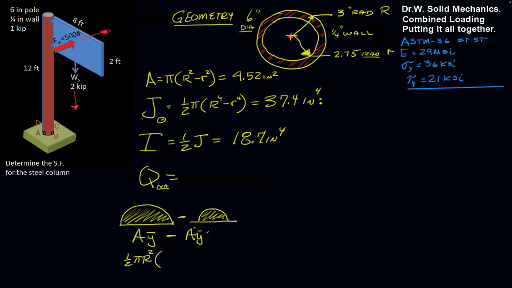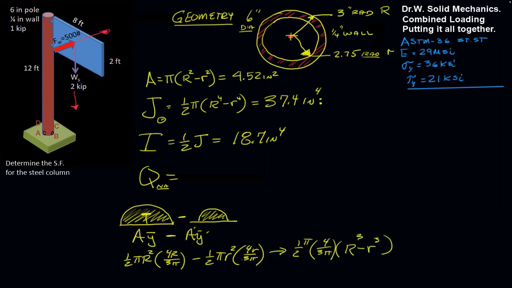And recall the y bar for a half of a disk is 4R on 3 pi, minus 1/2 pi little r squared for little r on 3 pi. We can factor out these common terms of 4 on 3 pi, and we'll get 1/2 pi times 4 over 3 pi times R cubed minus r cubed.